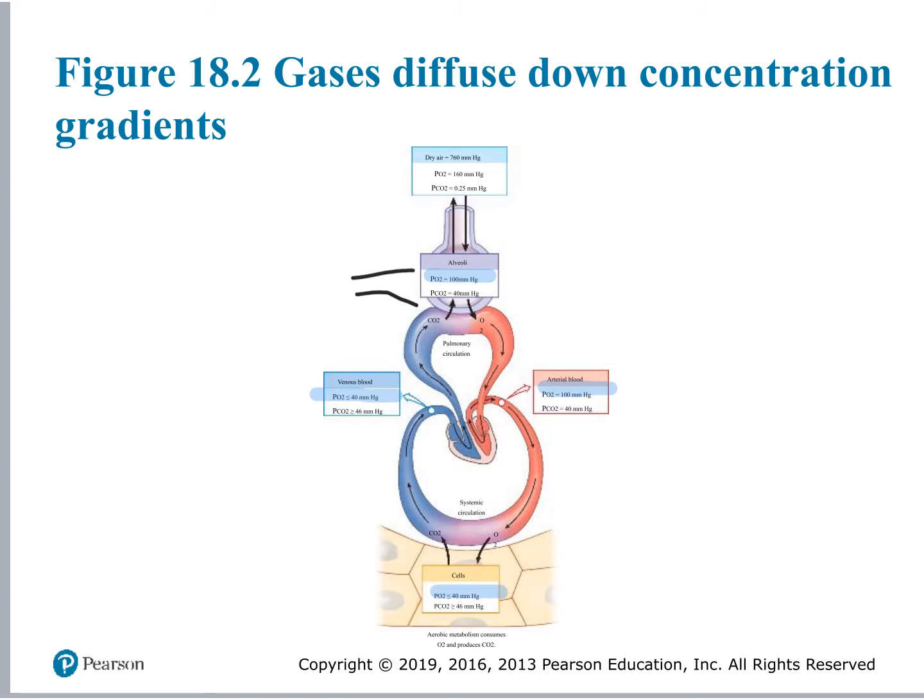Now let's look at levels of carbon dioxide. In the tissues, the partial pressure of carbon dioxide is greater than 46. The reason is that carbon dioxide levels build up after aerobic respiration. So the partial pressure of carbon dioxide in the systemic veins is greater than 46. If we follow carbon dioxide, it goes into the systemic capillary because it's going down its concentration gradient. How do we know that?